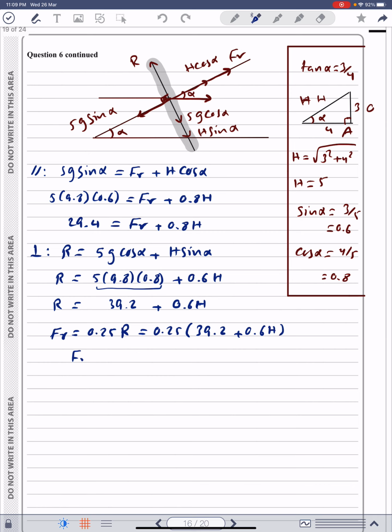By making friction the subject, multiplying the bracket by 0.25, you will get 9.8 plus 0.15 H.